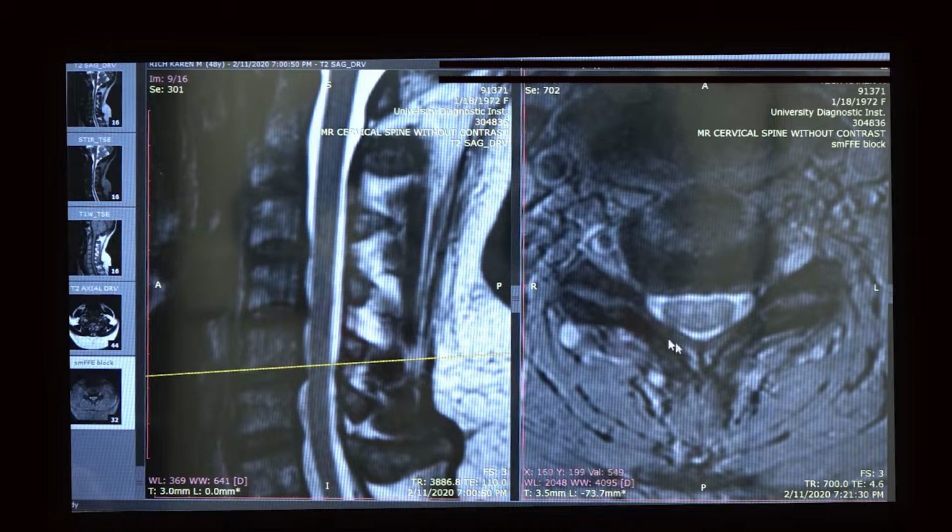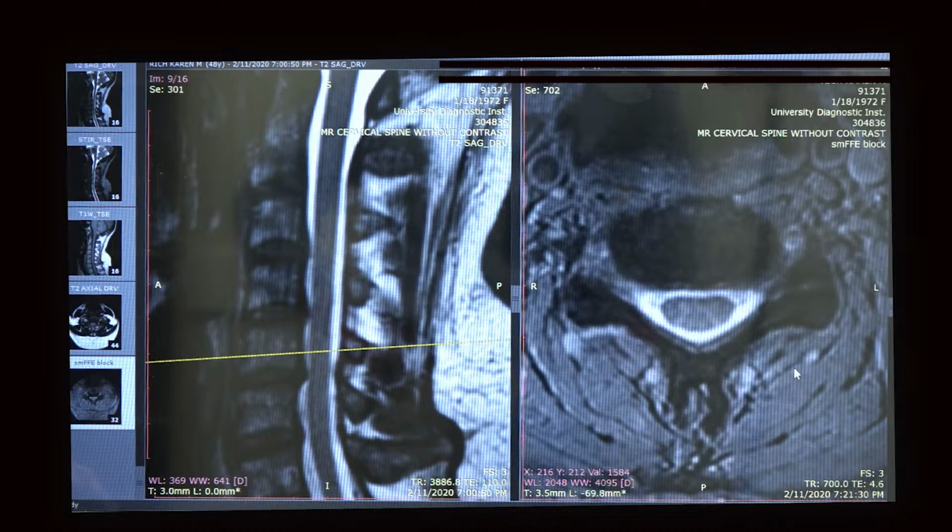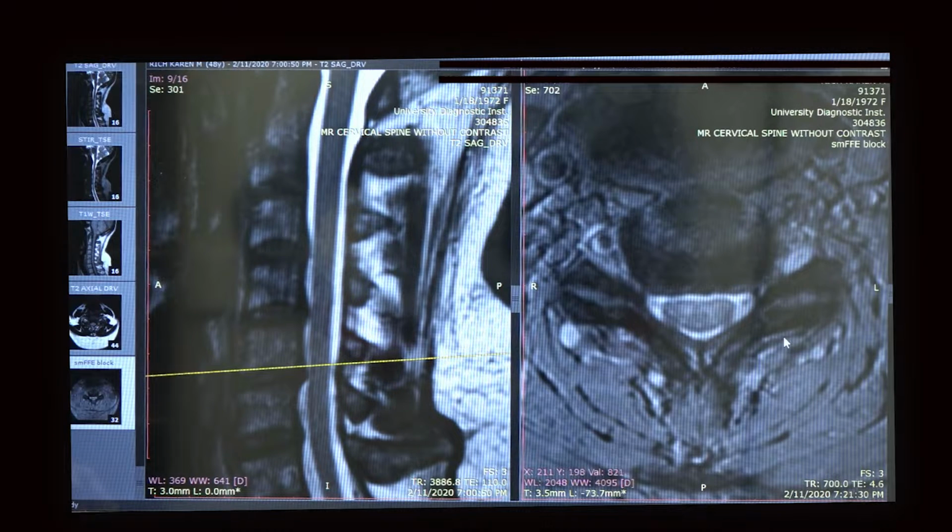She also has findings to the right side. So this is how the MRI readings can help decipher and focus on the clinical findings and actually explain why a patient has neck pain.